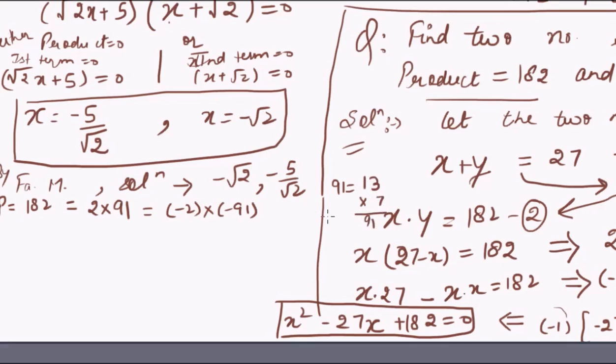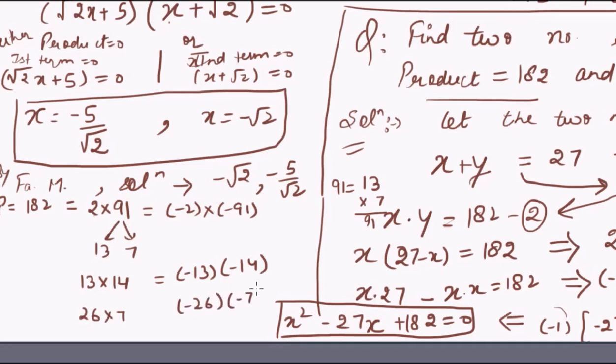Thus 91 can be further written as 13 into 7, or we can have the factorization further as 13 into 14, or -13 into -14, or 26 into 7, or -26 into -7.